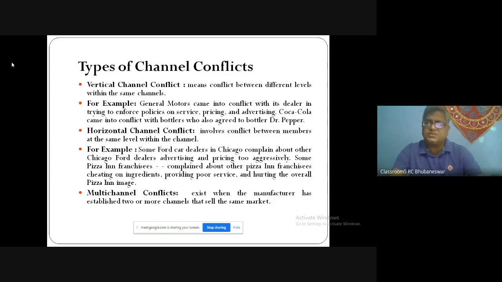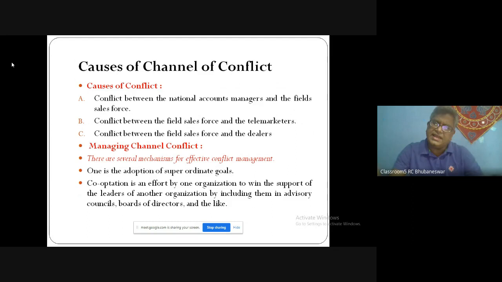Or for example, Pizza Hut franchisees cheating on ingredients or giving poor service. That is also a channel conflict. If dilution arises, then conflict arises. So there are different causes of conflict.